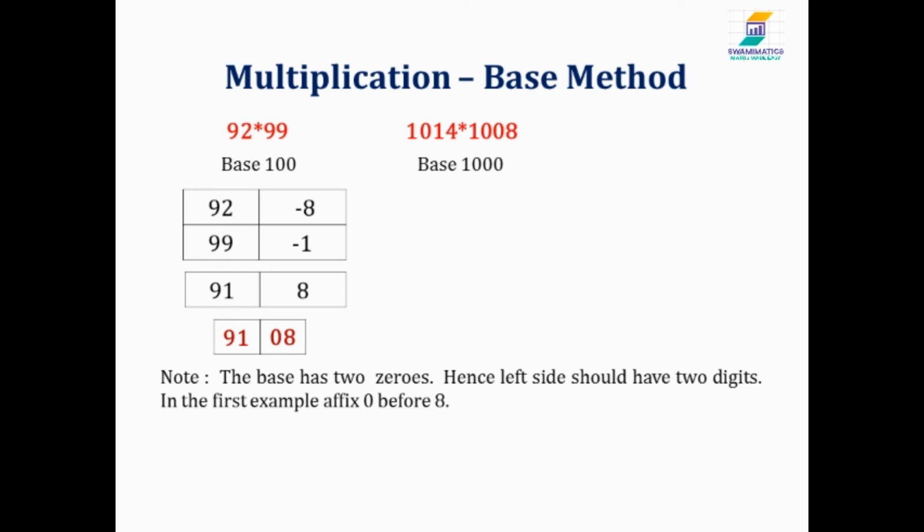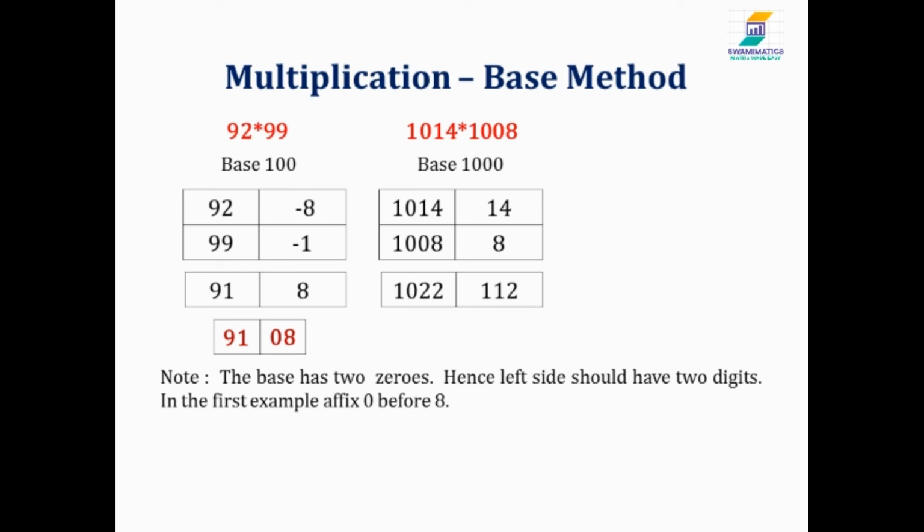But since I have taken a 4-digit number here, the base is 1000. 1014 is 14 more than 1000, whereas 1008 is 8 more than 1000.